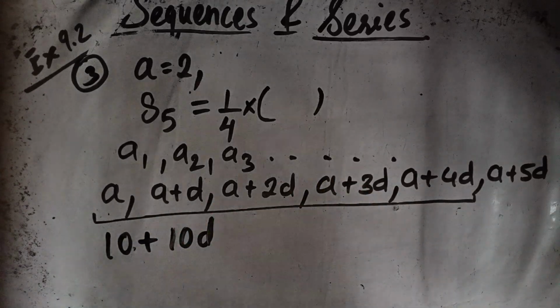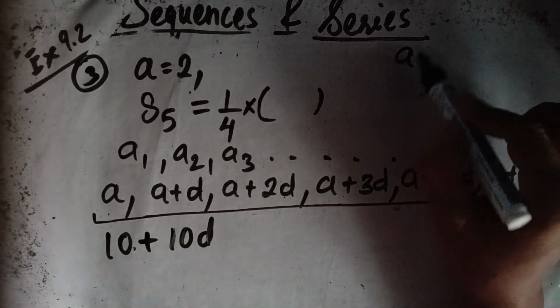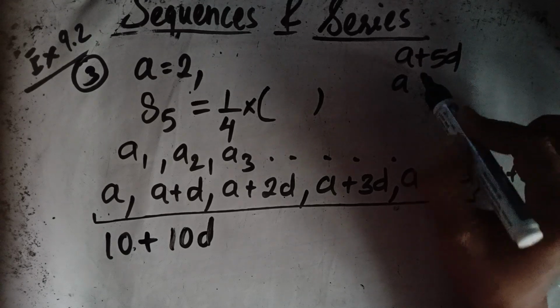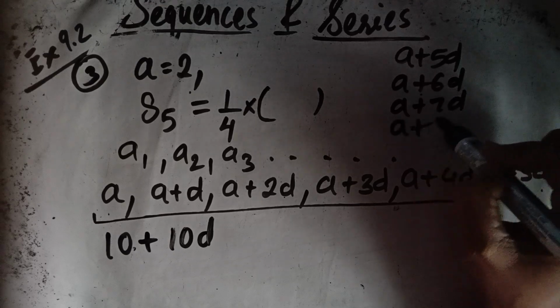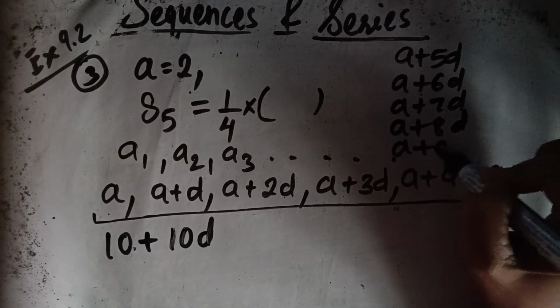Then the sum of the next 5 terms is a plus 5d, a plus 6d, a plus 7d, a plus 8d, and a plus 9d.